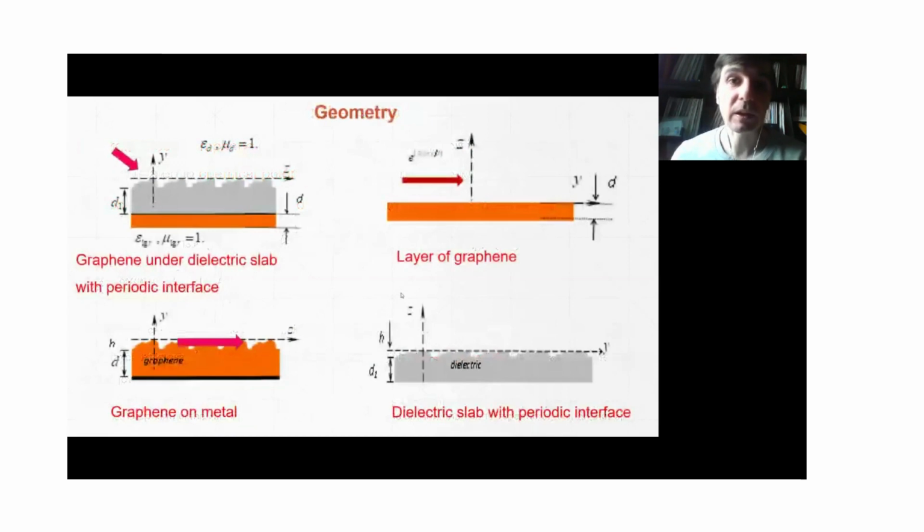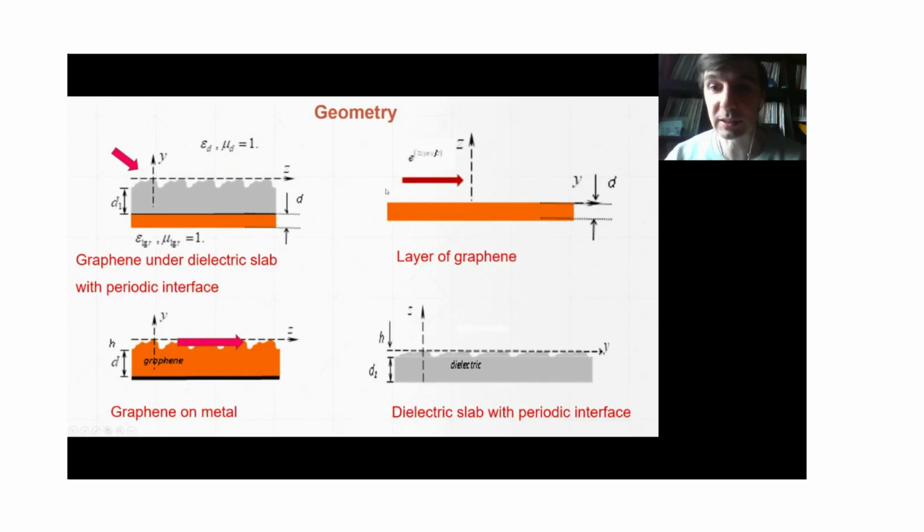In today's talk, the geometries we're considering, mostly we concentrate on graphene under a dielectric slab with periodic interface, or graphene on a metal plate.